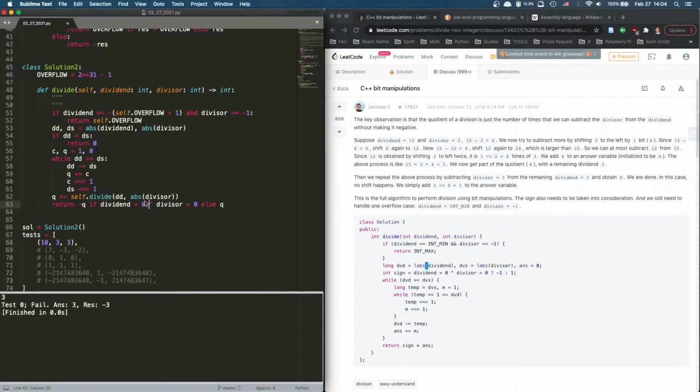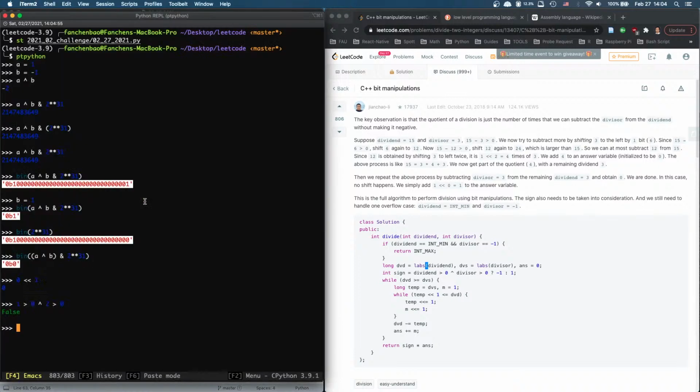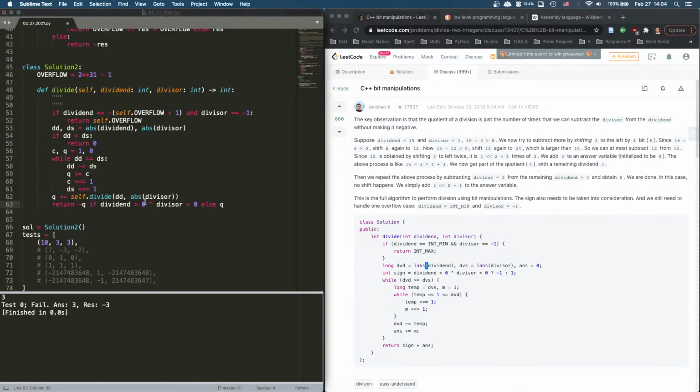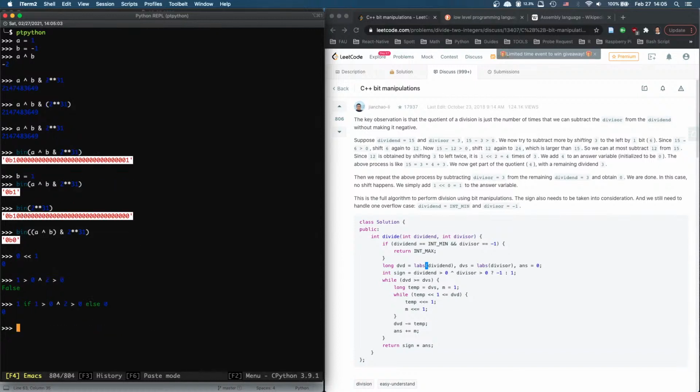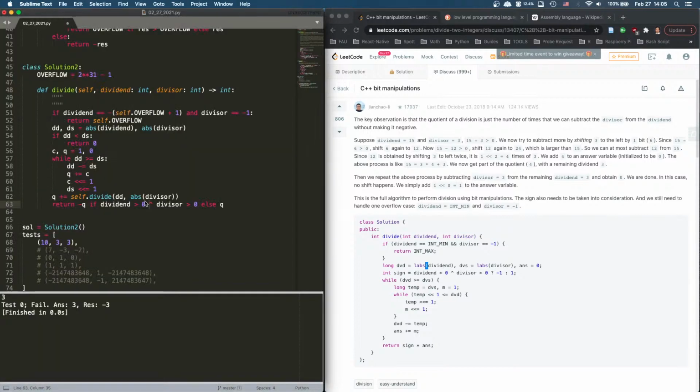Yes, it is false. So we return Q. Okay, let's do it again. It 1 if else 0. Return 0, yeah. How?